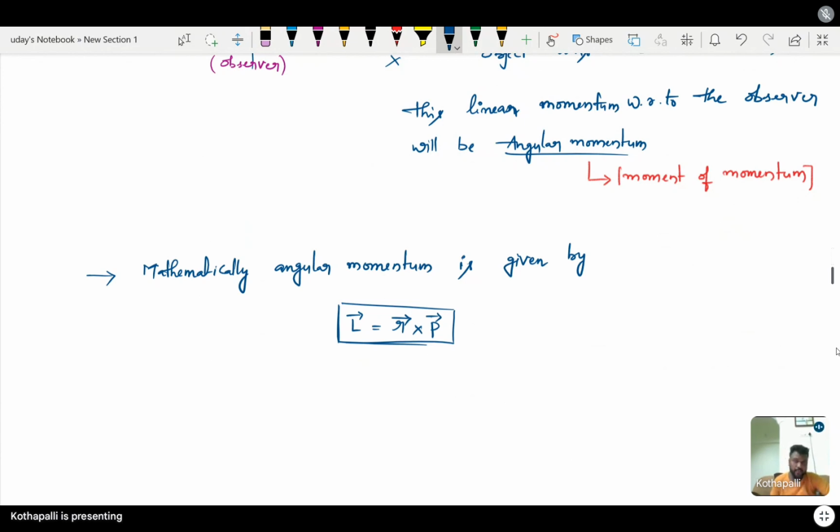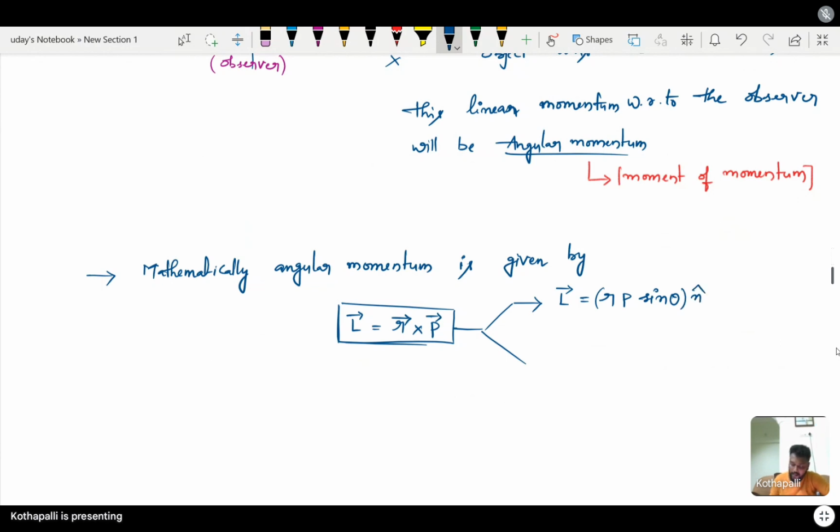So we can write this as L vector equals R P sine theta n cap, the cross product of two vectors.